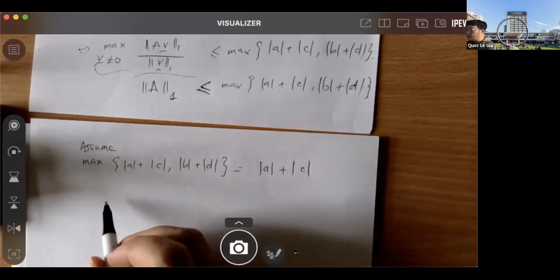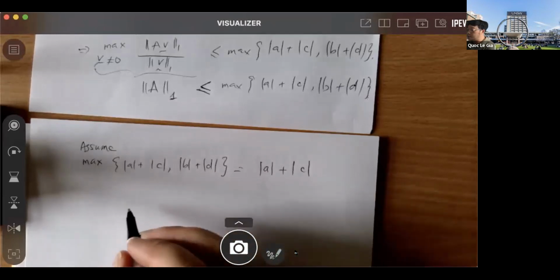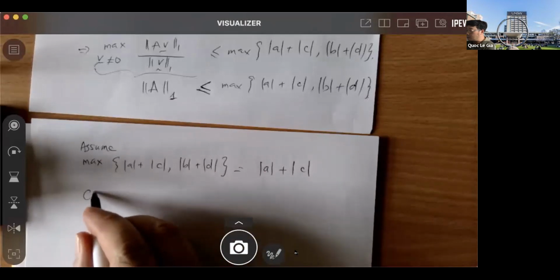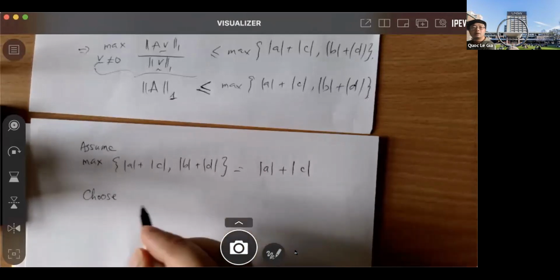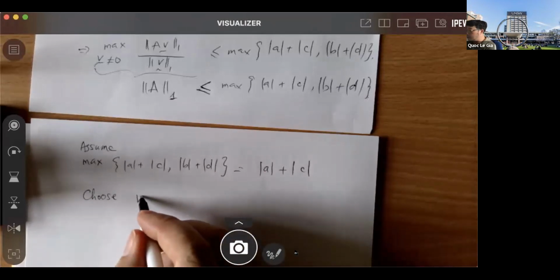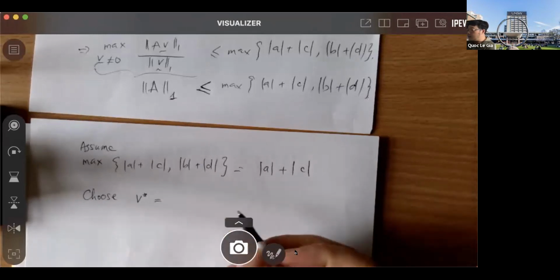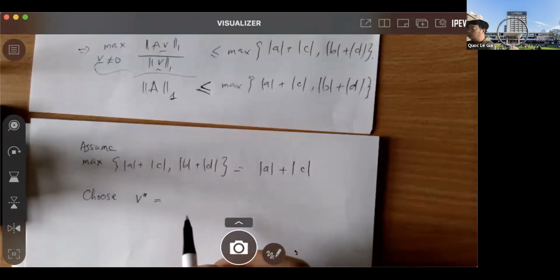So now how do I choose that? If I choose a vector V, say V star, to be what?